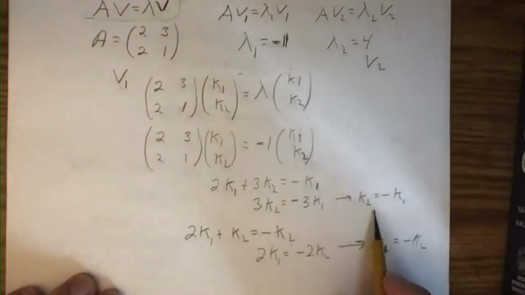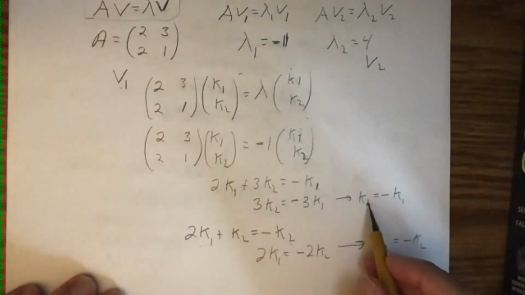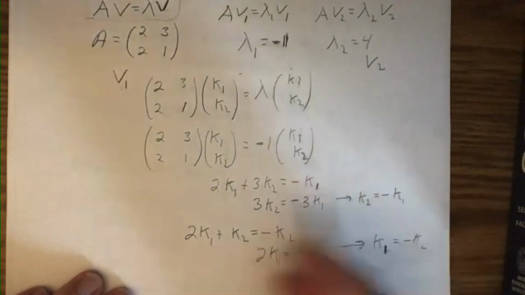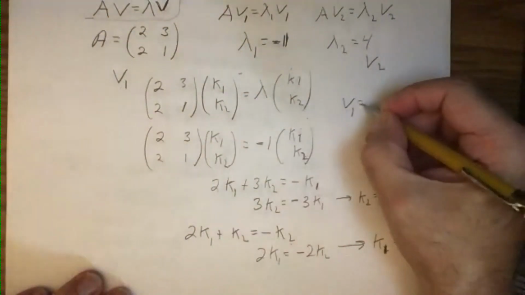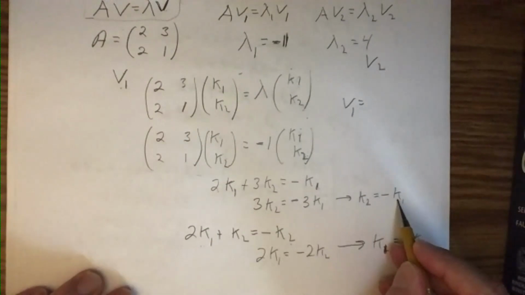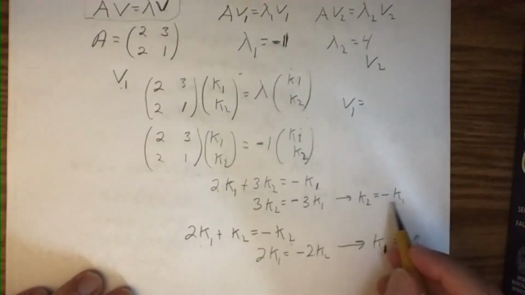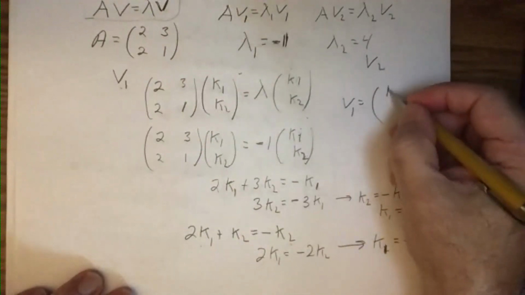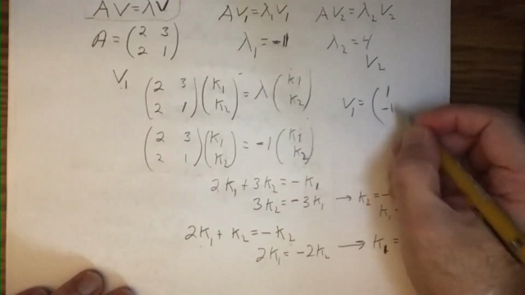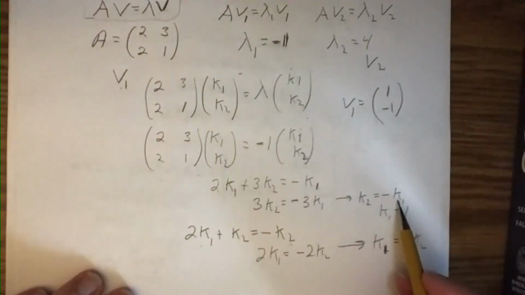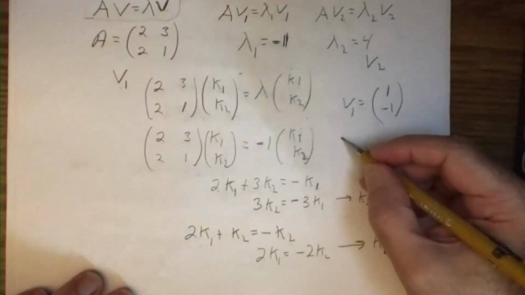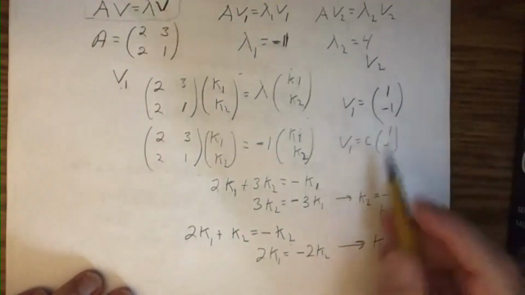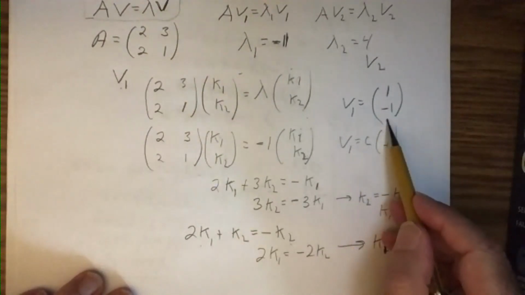Okay, so you only need to do one of them. Now, here's the thing: it's not unique. For my vector V1, K2 is the negative of K1. So if I set K1 equal to 1, then K2 is equal to minus 1. It's going to turn out that any constant times this will actually work.